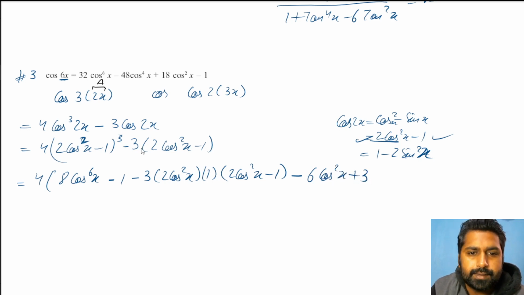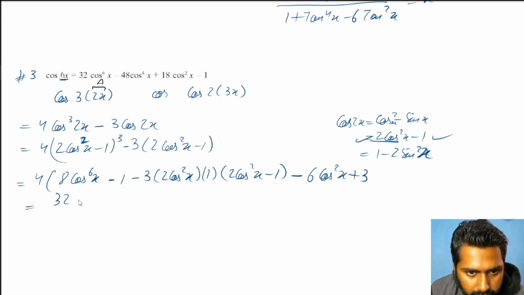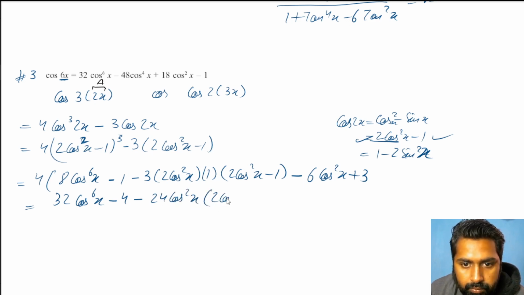I've multiplied these, 3 into 1. Now let's multiply: 8 times 4 is 32 cos raised to power 6x, minus 4, minus 3 times 8 is 24 cos square x bracket 2 cos square x minus 1, minus 6 cos square x plus 3.